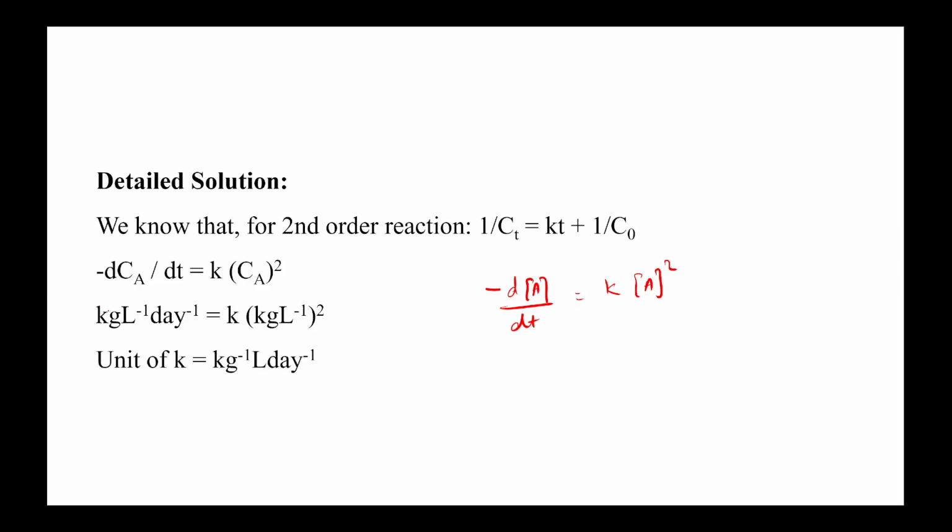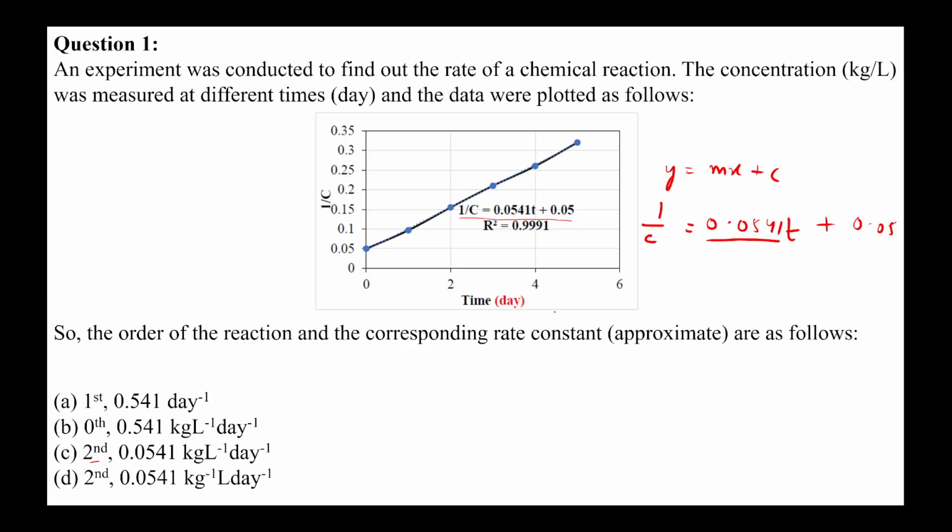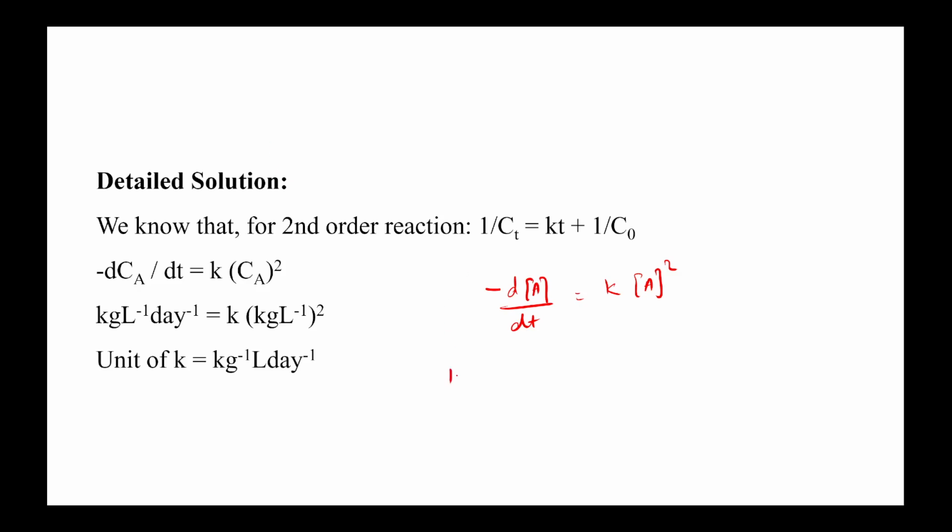Now you just have to see the units of each of these values. Concentration is given in kg per liter. Time is given in days. So concentration will be kg per liter and time is in days. Time is in the denominator.